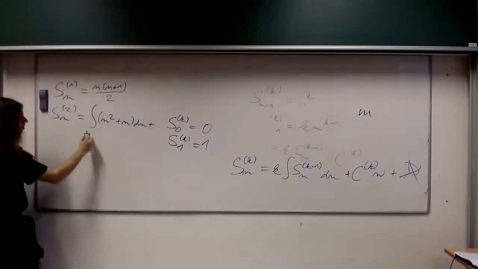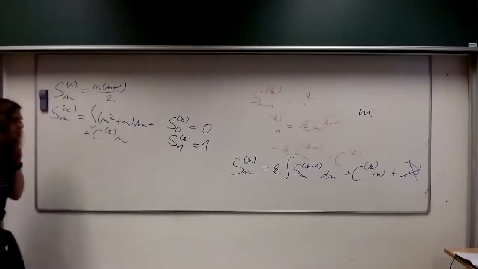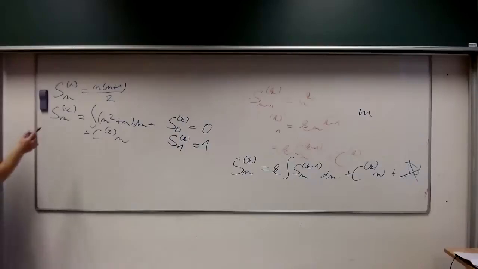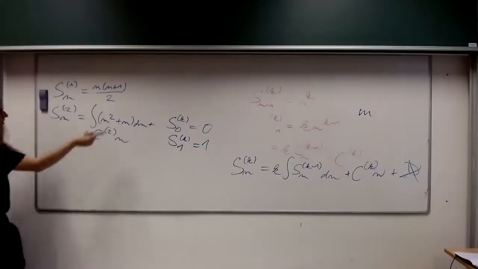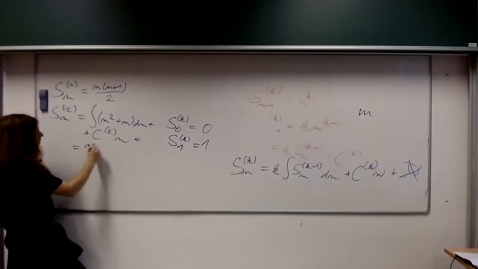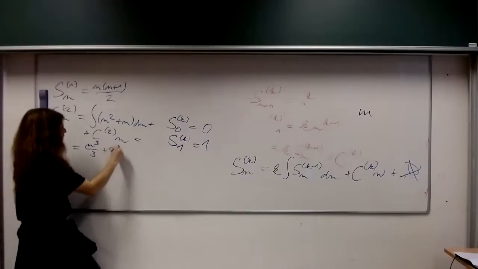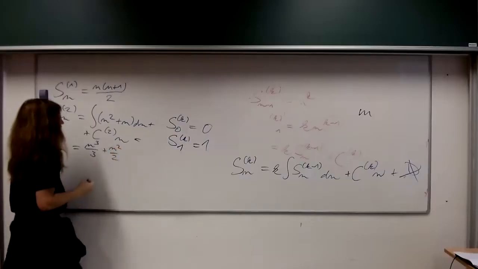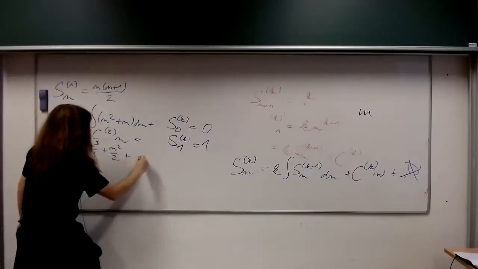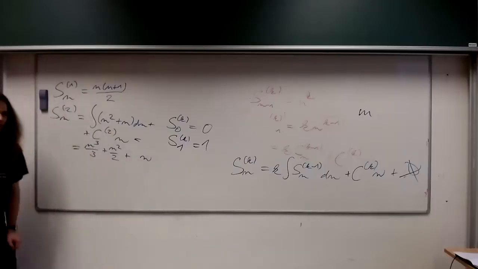Then c2 times n will go there, and the integration constant was 0. So this is it. Now we can do the integration. We get n cubed over 3 plus n squared over 2. And now we get something times n. So we need all the coefficients to add up to 1.